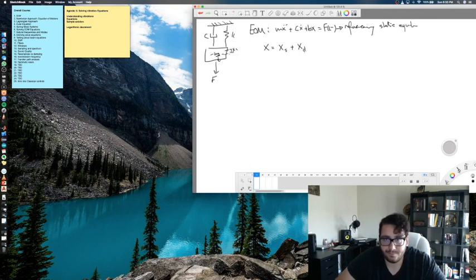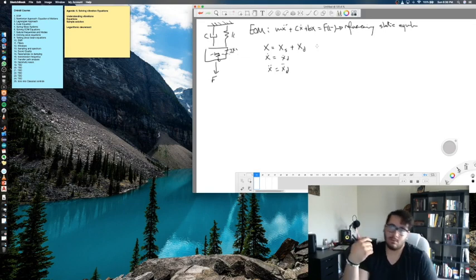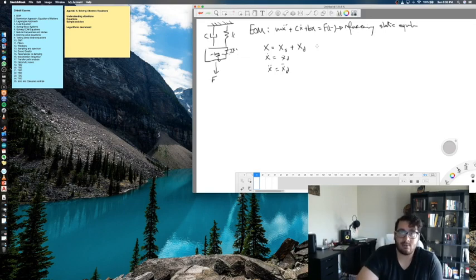If I were to differentiate this, that term goes to 0 because it's a constant term. So I would get x_d dot, and if I differentiate again, x_d double dot, which tells me that in linear equations, I don't have to worry about anything but my spring for the static equilibrium. Everything else shouldn't have some static equilibrium in it.